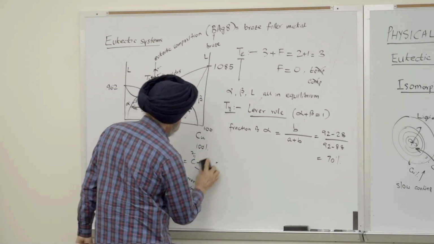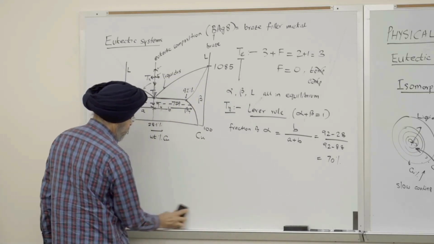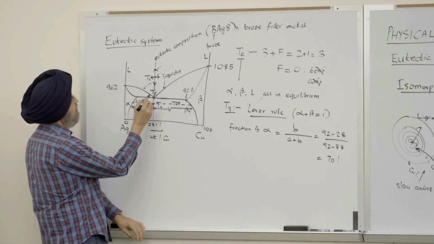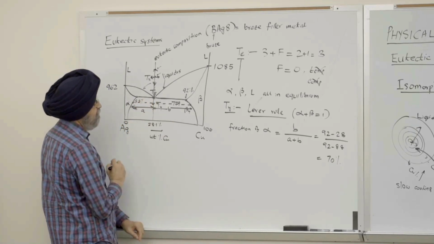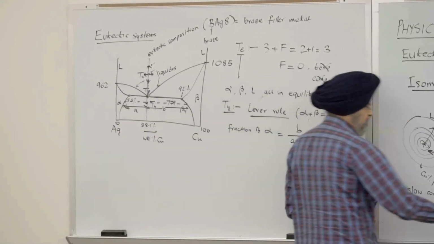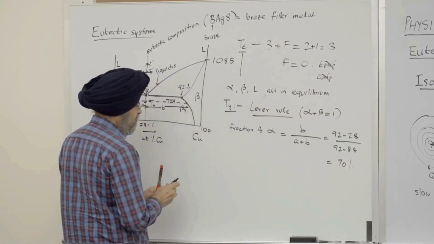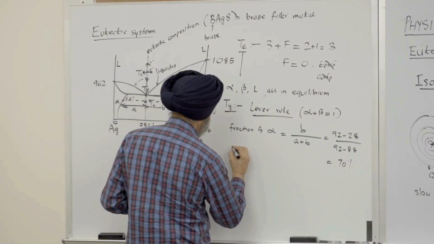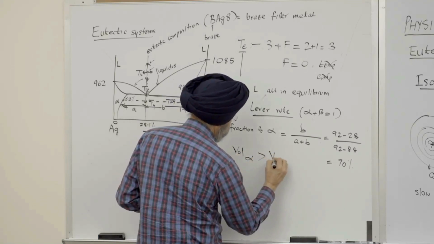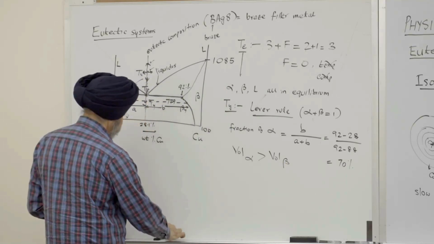So that's important because we are cooling this alloy down to lower temperature. We want to see what happens. So we know that liquid transforms to alpha plus beta. The beta is copper rich. Because the volume of alpha is more than the volume of beta, that's a big factor.